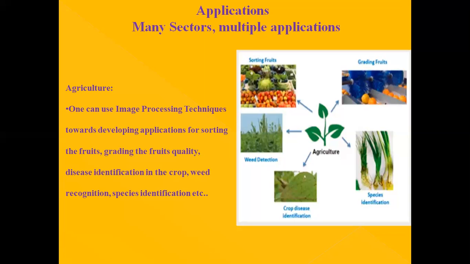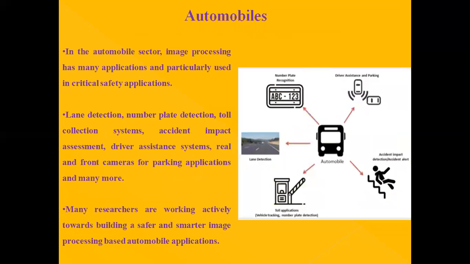Image processing is extensively used in the automobile field, particularly in critical safety applications. Number plate detection during toll crossing or identifying the vehicle: if the toll is paid online, at the crossing of the toll, sensing the number plate, the intelligent image processing algorithms present in the camera allow the vehicle to go ahead without interrupting it.